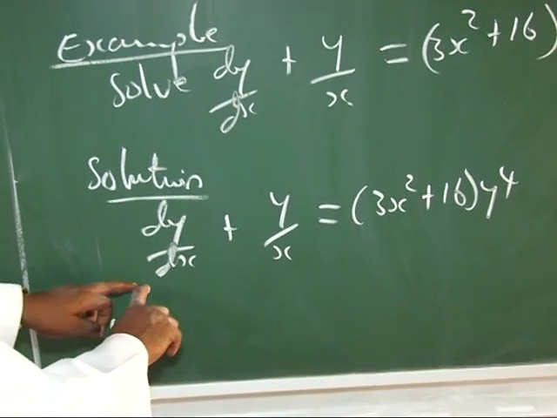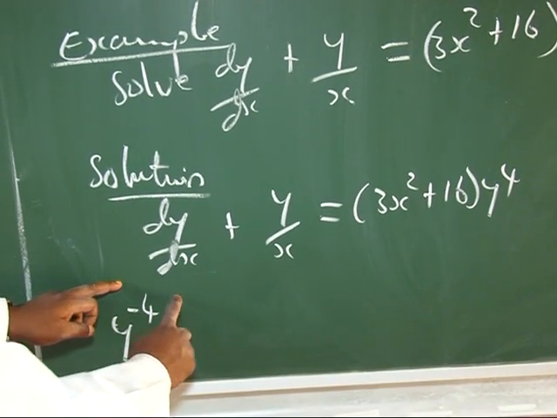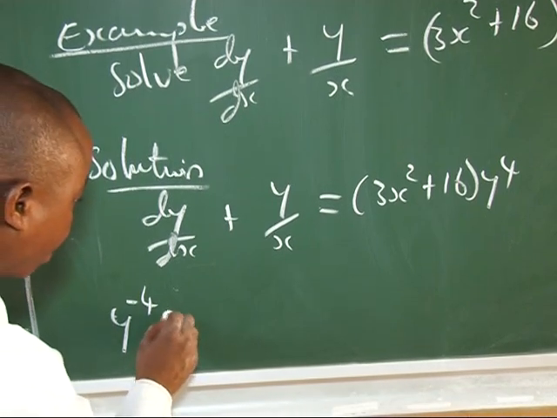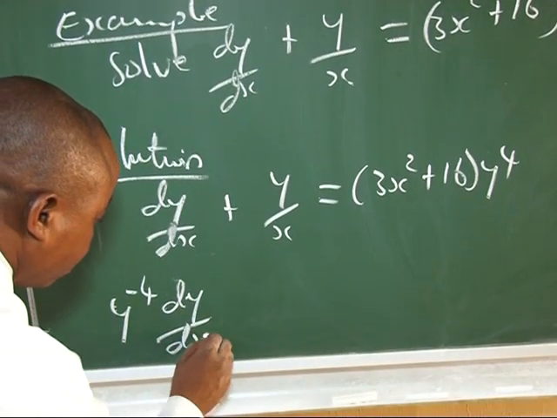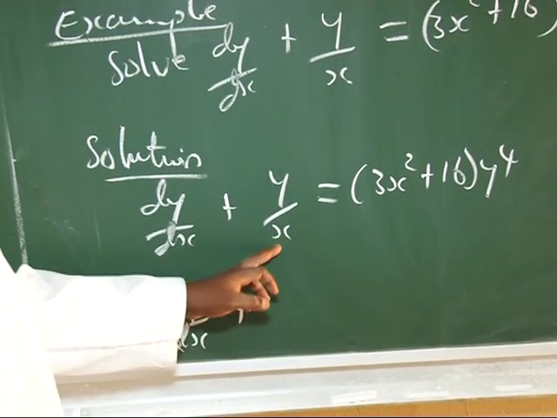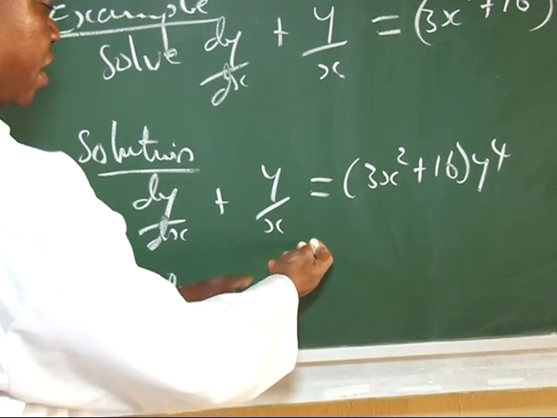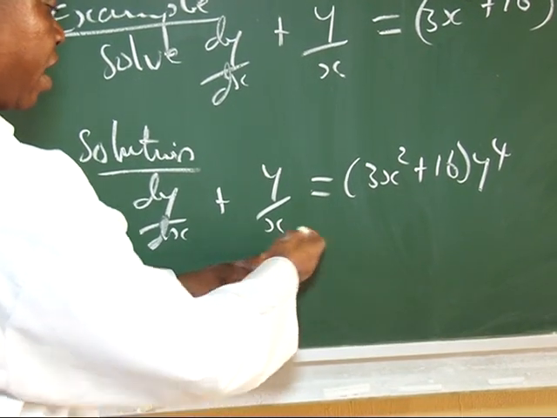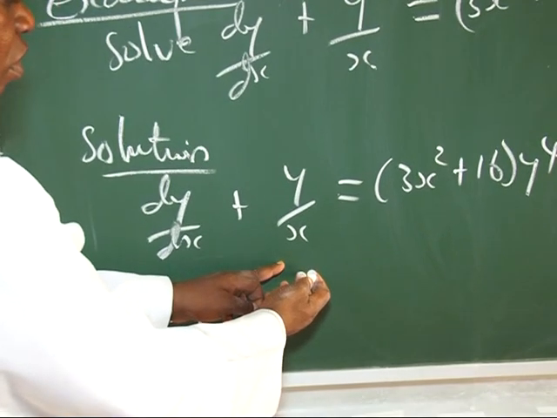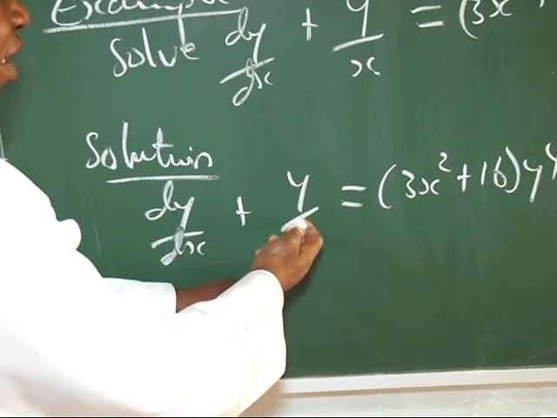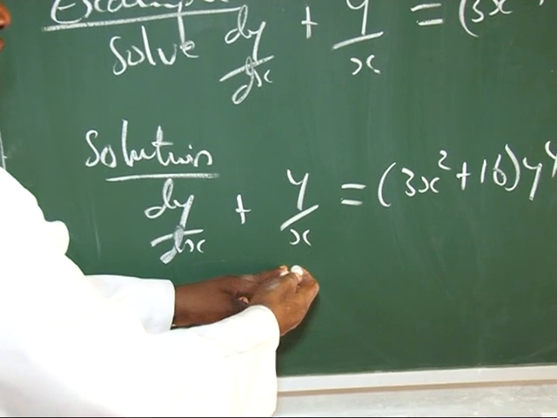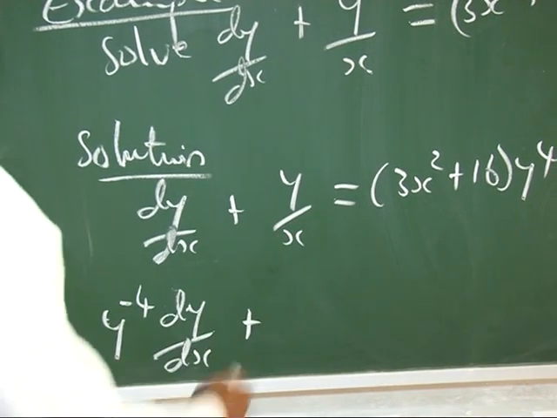I've told you that I'm dividing by y raised to the power 4. Plus, now here, I'm dividing by y raised to the power 4. Of course, that will be y over x times y raised to the power 4.